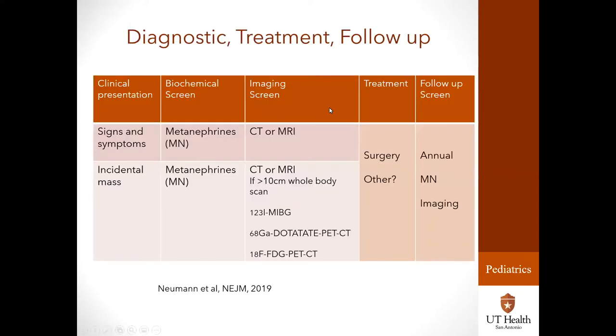Yes, thank you. The diagnosis of PPGLs can happen in either symptomatic patients with catecholamine hypersecretion or found as an incidental mass. And the challenge is to establish the evidence biochemically of catecholamine hypersecretion and identify imaging.